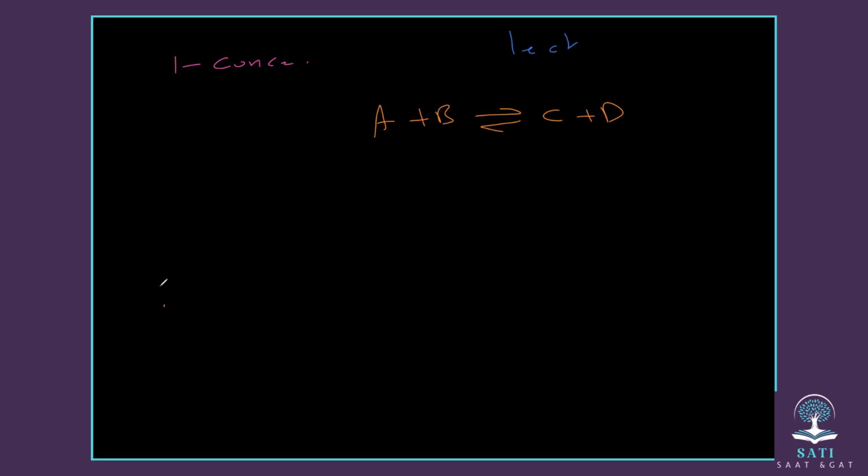What is Le Chatelier's principle? It states that if a reaction is at equilibrium and any stress is applied on this equilibrium, the reaction will go in the direction that relieves this stress.